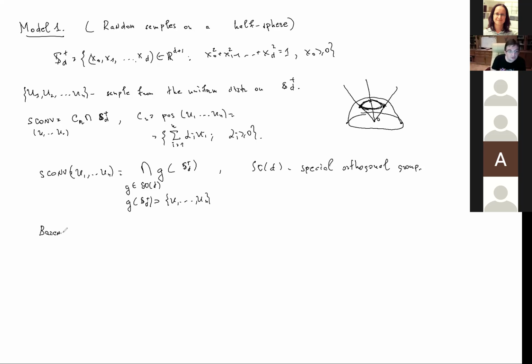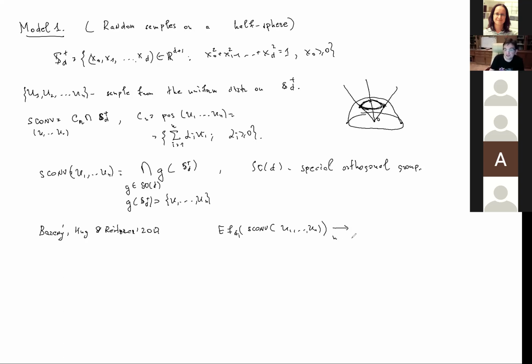In a recent work by Bárány, Hug, and Reitzner, who are known specialists in stochastic geometry, 2017, they have proved that the expected number of (d-1)-dimensional faces of the spherical convex hull of U1, ..., UN converges.